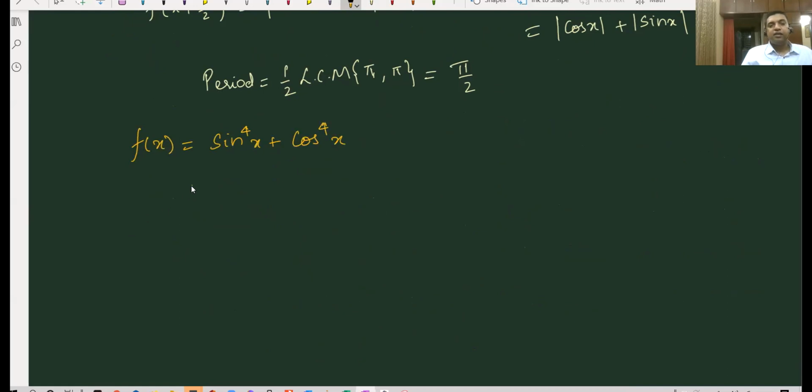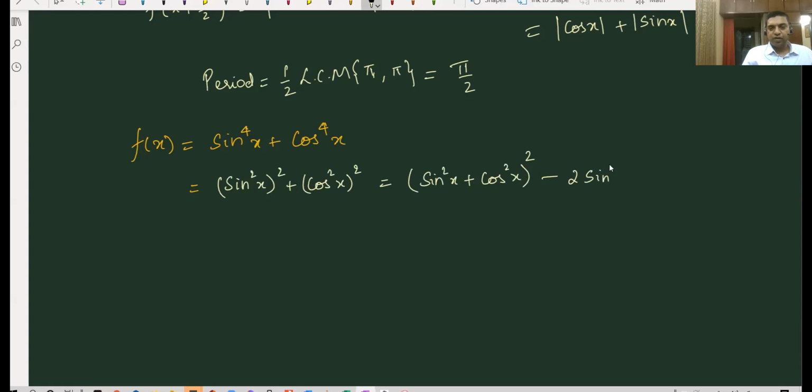This can be written as sine square x the whole square plus cos square x the whole square, which is sine square x plus cos square x the whole square minus 2 sine square x cos square x. What did I do? A plus B the whole square minus 2AB will give me A square plus B square. That is what it is.